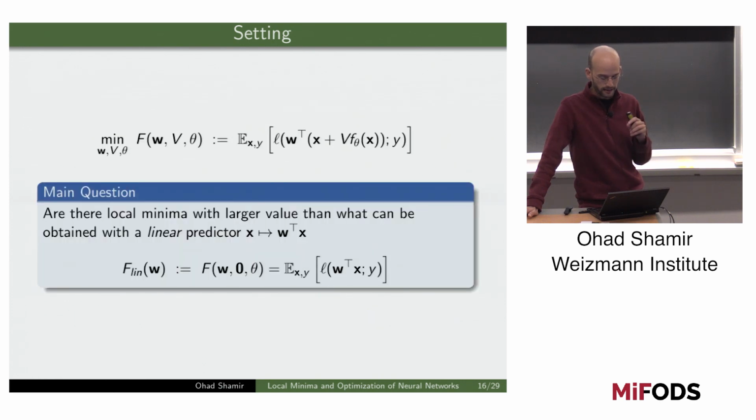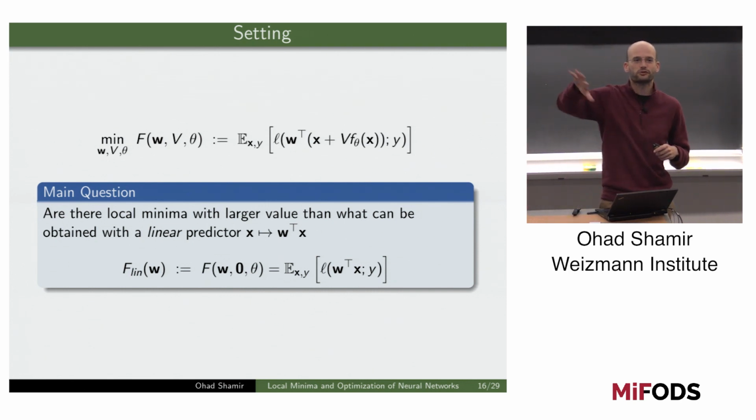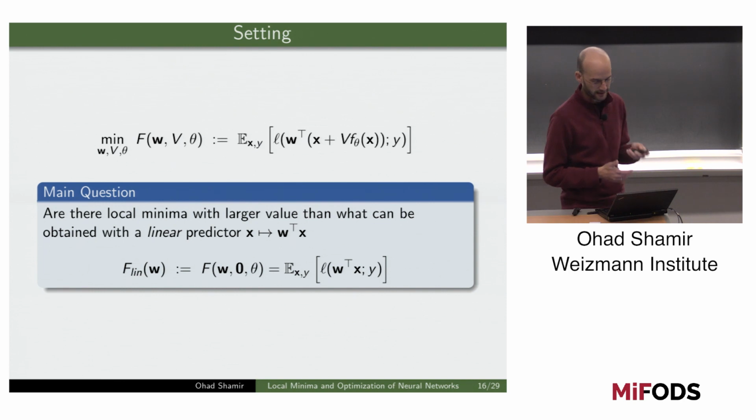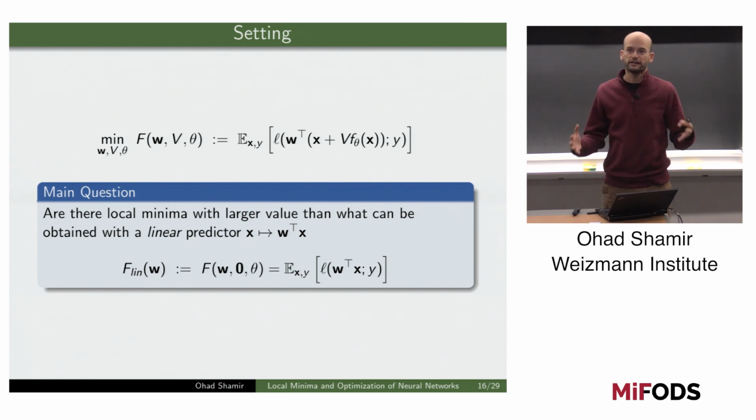OK, and the main question here, going back to the motivation of residual networks, that you can always make the residual part 0. So for this network, the reasonable thing to compete with is if I take the residual part, this V f of theta, and make it 0, and then I just end up with a linear predictor.